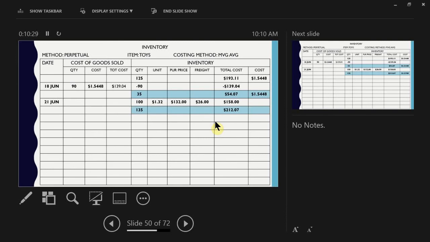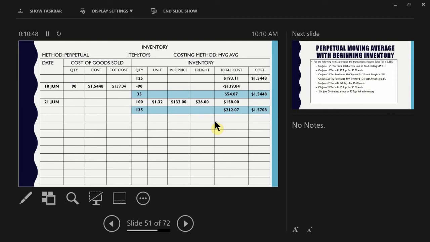So now we're going to recalculate. We're going to add up our totals now. So instead of looking at 35, instead of just looking at 100, we're adding them up together to get 135, costing me a grand total of 212.07. And now I recalculate my average cost per item to be now 1.5708.